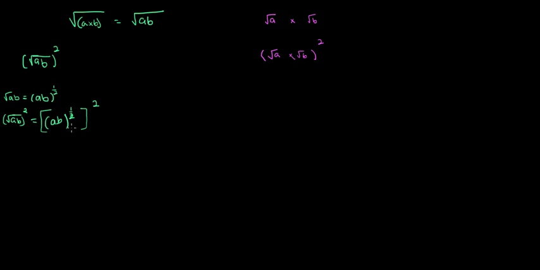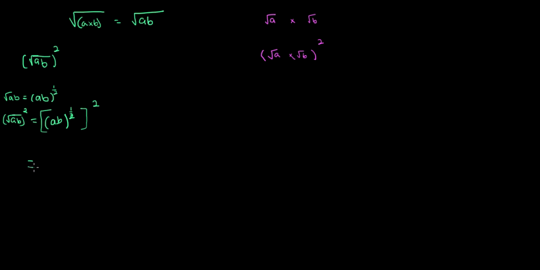Well, now we can see that this is sort of equal, right? I'm saying the same thing, just working with indices, more or less. So what do we know about indices? If I raise an index to another index, so in this case I'm raising ab to the power half raised to the power 2, all I've got to do is multiply the indices, multiply the powers.